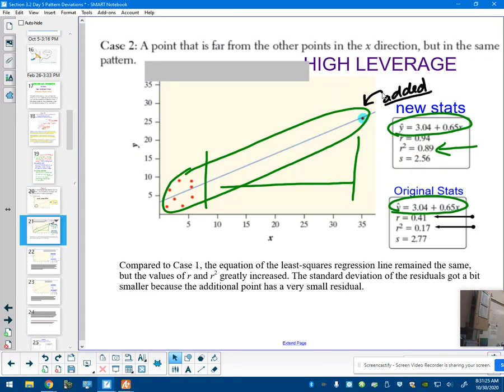Now, I will tell you that usually high leverage points change the equation. This one didn't. This one did not change the equation, but it did change R squared and S. It made S a little bit better, right? Not too much better, but a little bit. So not only is it high leverage, it is also influential.